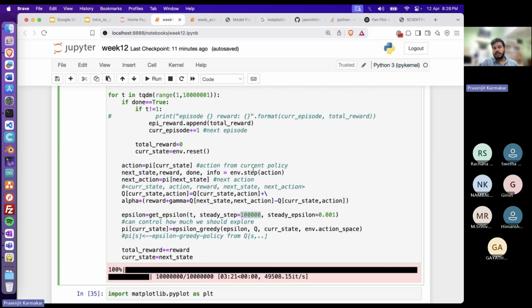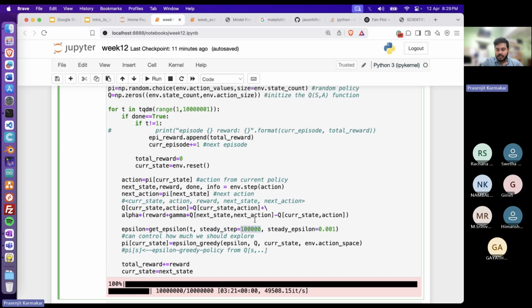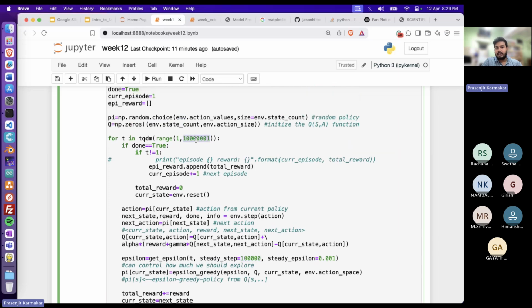Okay, see, we also tried a lot of hyperparameters, right? So we ended up exploring for 1 lakh steps, but we started with 10,000. We observed that if I explore for only 10,000 steps, it is not converging. So we go for 50,000 steps, we go for 1 lakh steps. And we also experimented with the total number of interactions, right?